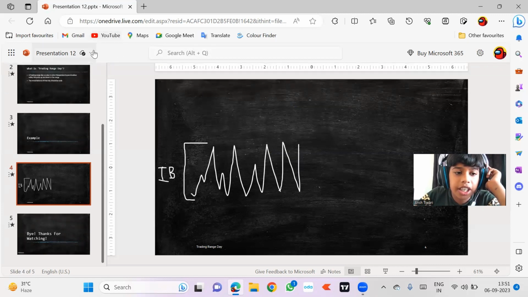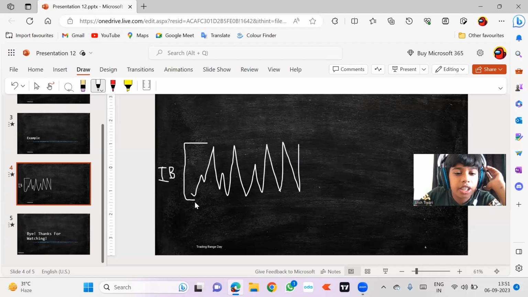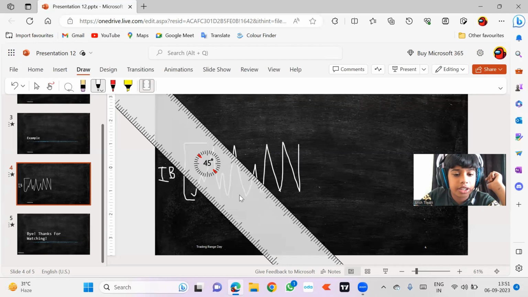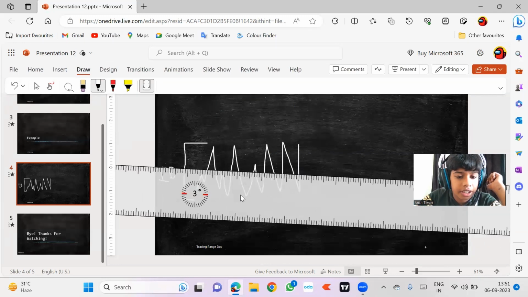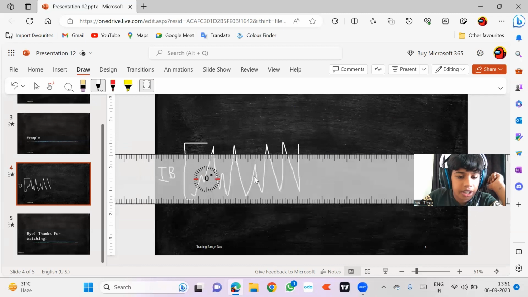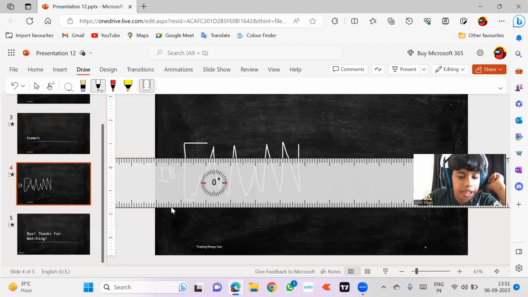And trading range day, as you can understand by the second word only, trading range. So how is a range made? Let me create a straight line here.